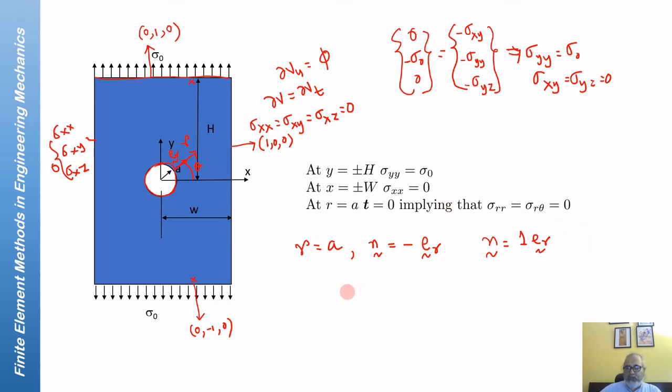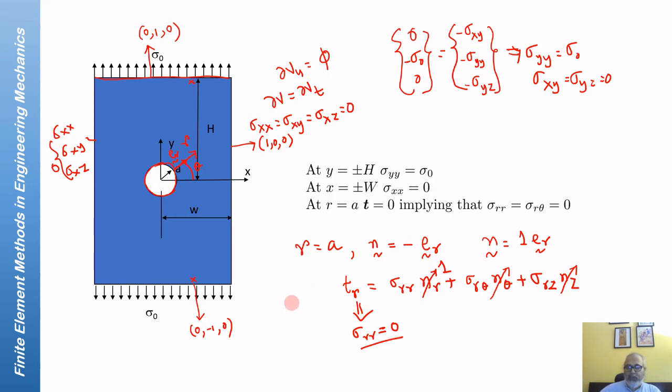And therefore, if you now write the Cauchy relation for say Tr, you have sigma rr nr plus sigma r theta n theta plus sigma rz nz, out of which this is 0, this is 0, and this is 1. So it immediately shows, since this is a traction free surface, Tr is 0, which implies that sigma rr is equal to 0.